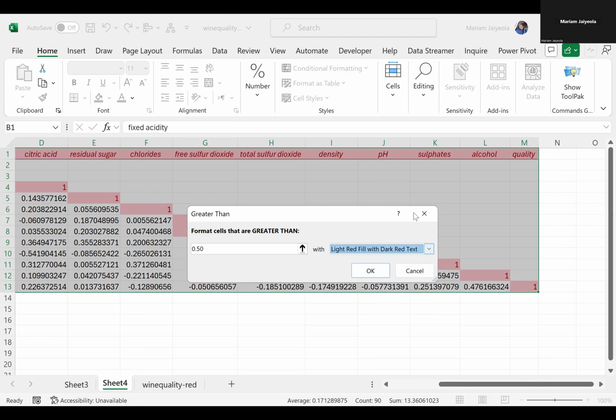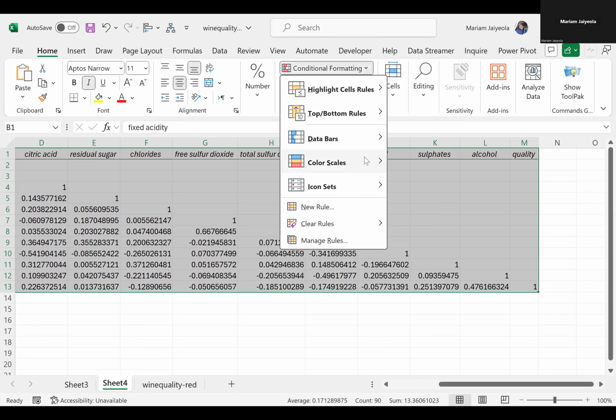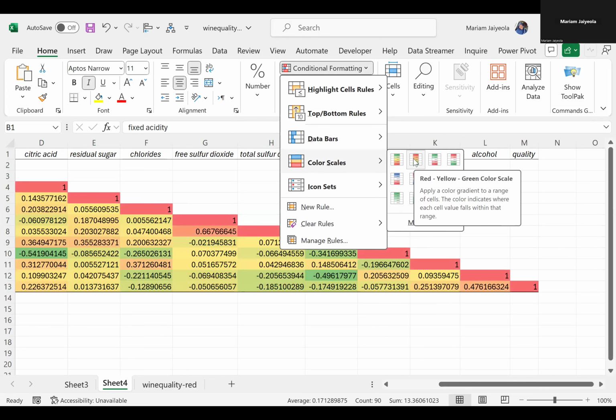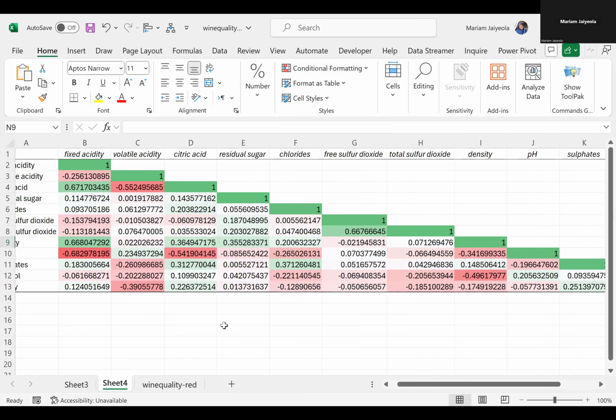Let me just choose the color scale. I want the ones with red to be the ones with high association. Let me go for this color range. So I can quickly spot the ones with high association, see?